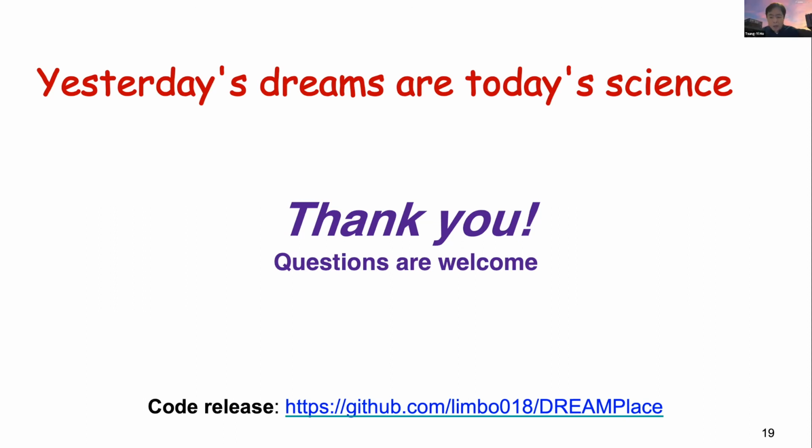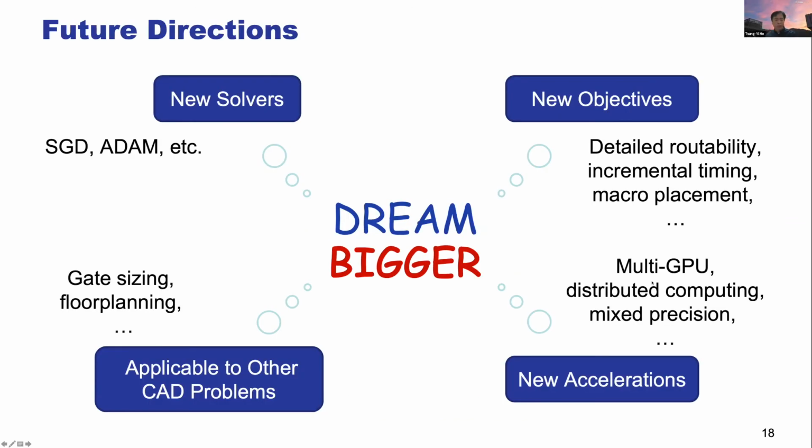Yes, I would like to follow up on this question. In your last slide, the previous one, the dream bigger one, currently you have several applications on timing and routability. But like you mentioned, the advance of deep learning keeps improving.